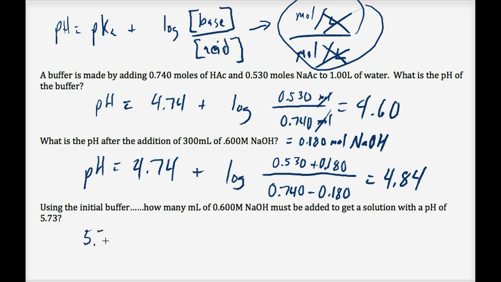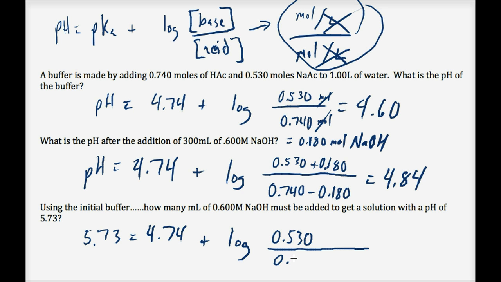My pH I want is 5.73, and that's going to equal 4.74 plus log of, going back to my original calculation, the original solution, 0.53 over 0.74, base over acid. And because I'm adding NaOH, I'm going to add base.